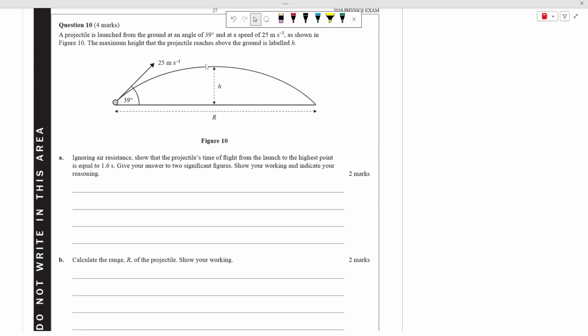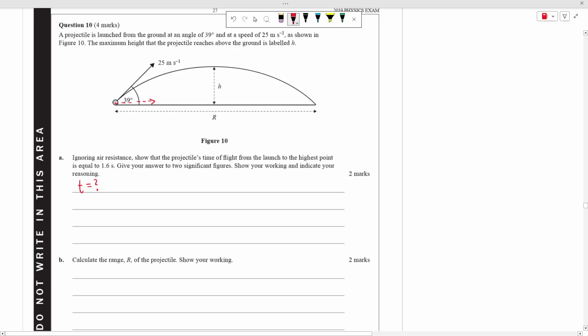Okay, so we're required to work out time of flight. What do we know about the projectile? Well, let's first of all split this initial speed, which we'll call u, into components.